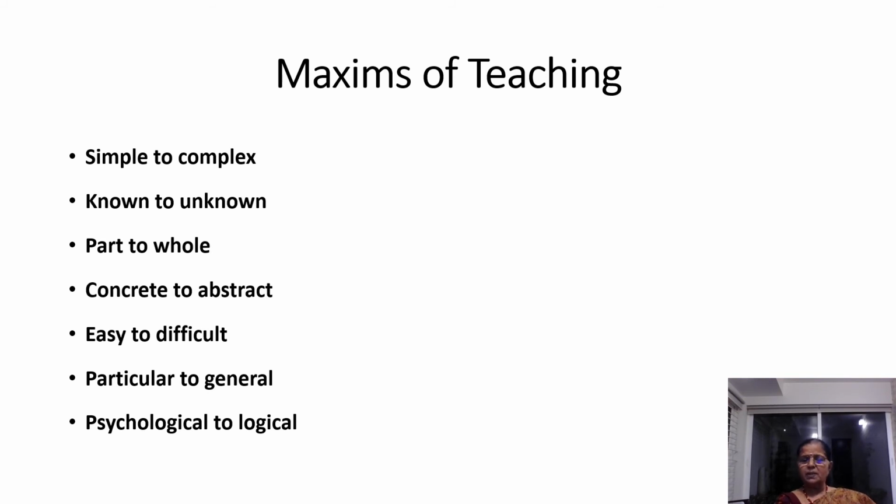Concrete concept, something which you can see or you can hear or you can touch or feel, and which are tangible. And first you teach those objects, especially to the children. You should go only in this order. And then teach them something abstract like honesty or intelligence. These are all abstract concepts. You cannot show them. What is honesty?